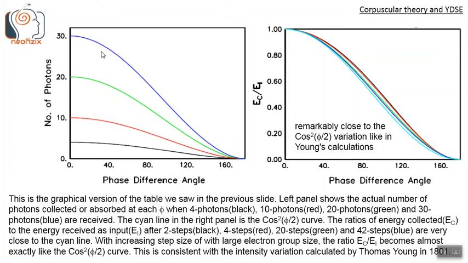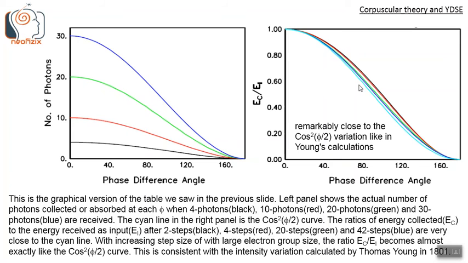If we normalize this, we get these graphs. That is, we normalize the blue line by the number of photons received. We divide the values of the blue line by 30, the green line values by 20, or the red line values by 10, and we get these normalized lines here. This is called the ratio of energy collected to energy received as input, or energy impinging.